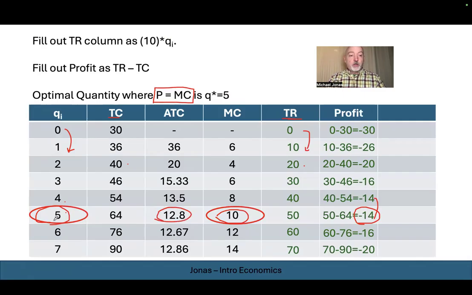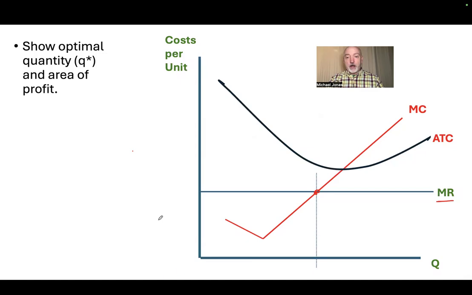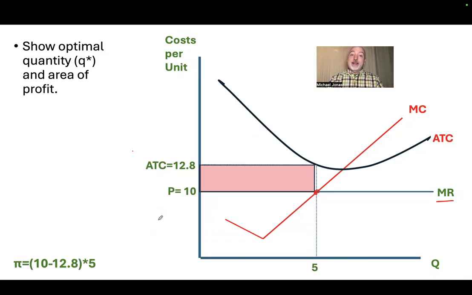So when we're producing 5 units, we're earning $10 per unit, but it's costing us 12.8 to produce per unit on average. And that's what's driving, of course, our losses. So step number one, find the intersection between price and marginal cost, giving us the optimal quantity, then find the level of average total cost. And now we can show that profit calculation.